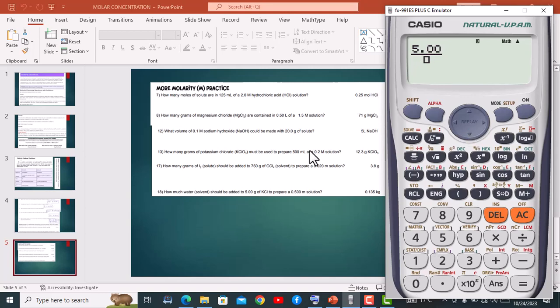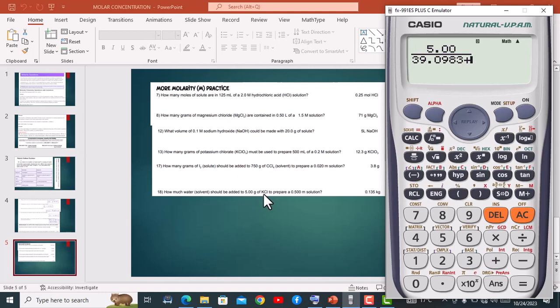Divided by the molar mass of potassium chloride. So I can go to potassium, and I know that potassium has a molar mass of 39.0983 plus, it's not only potassium but also chlorine.